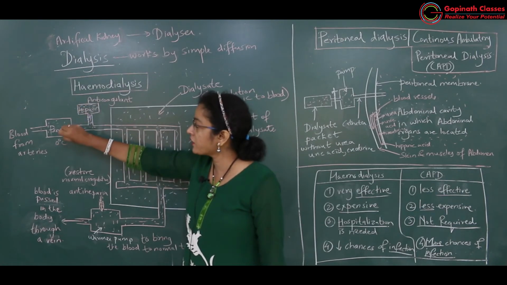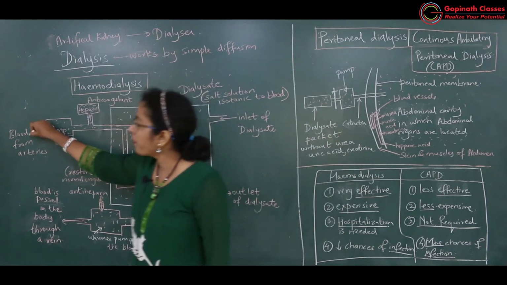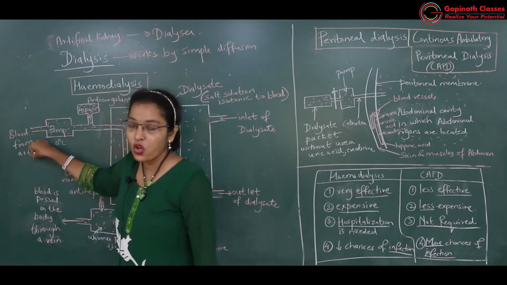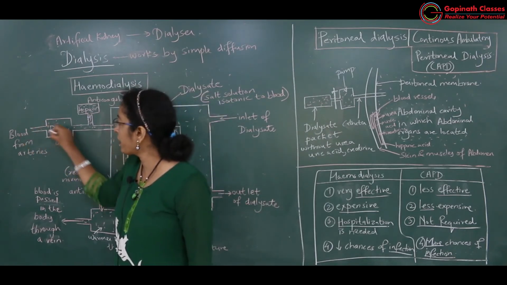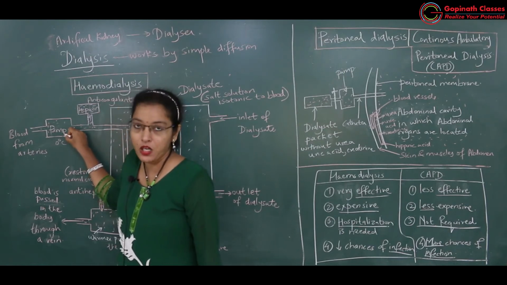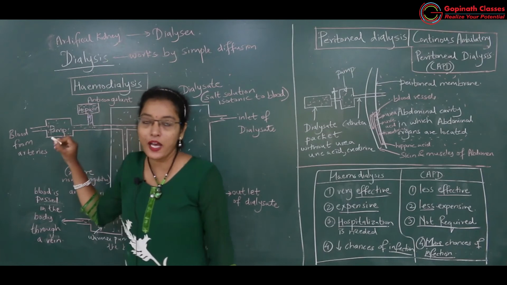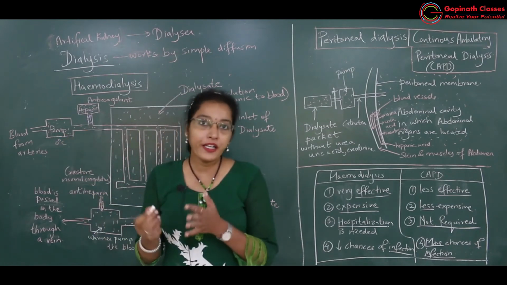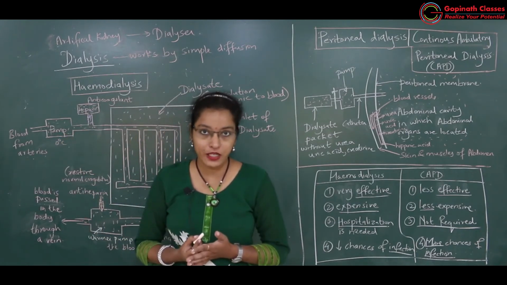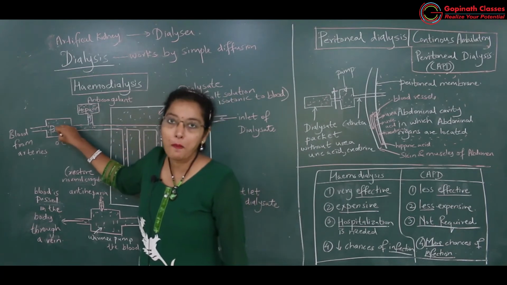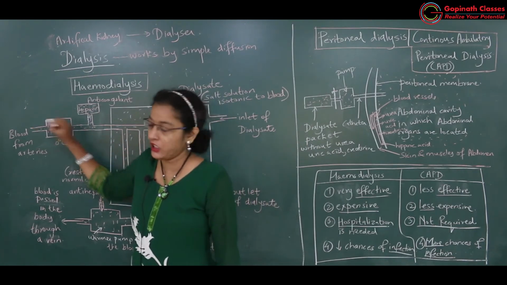So what has been done till now? The radial artery of the patient is connected to the pump. What is the temperature of the pump? 0 degrees Celsius. Why? To avoid any contamination of the blood which is collected in the pump from the radial artery.